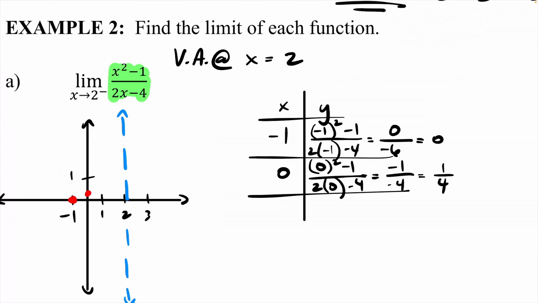So what I'm going to do now is plug in the next value that's closer. If it continues going up, I know it's going towards positive infinity. But if it switches, then I have to check a little bit further. Okay, so let's plug in 1. 1 squared minus 1 over 2 times 1 minus 4.